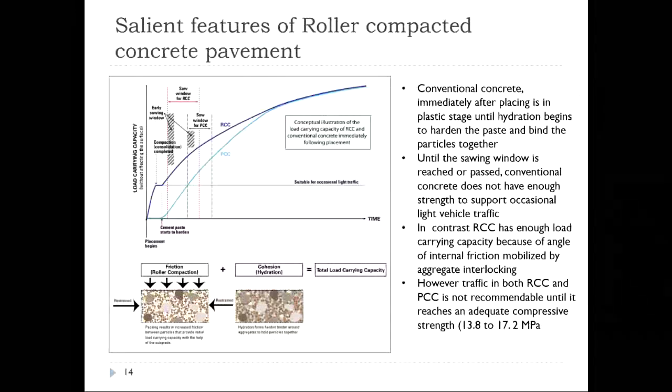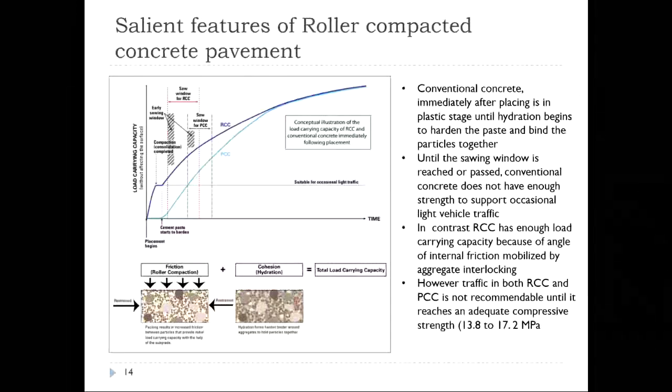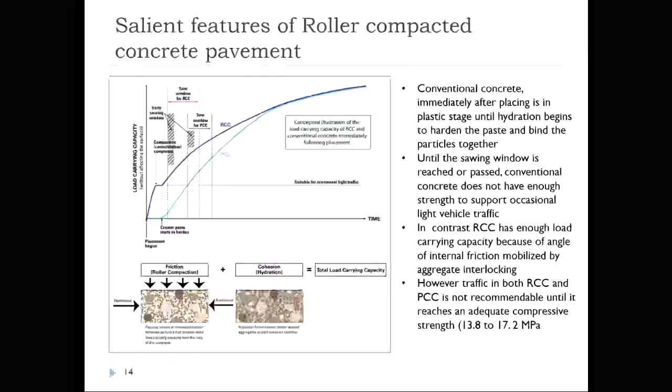In the case of a conventional concrete, immediately after placing, the mix will be highly in a plastic stage until hydration begins to occur, it hardens and it forms the hydration compounds.